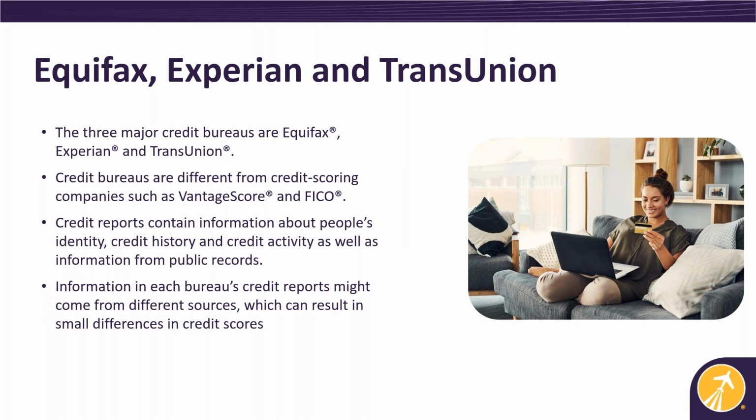Now, this point about information coming from different sources, this is where, again, this can be kind of interesting when you look at the three credit bureaus. You'll see in a couple slides that while FICO generates many different scores, we'll be using a Beacon for the Equifax, and there'll be some other scores used for Experian and TransUnion.